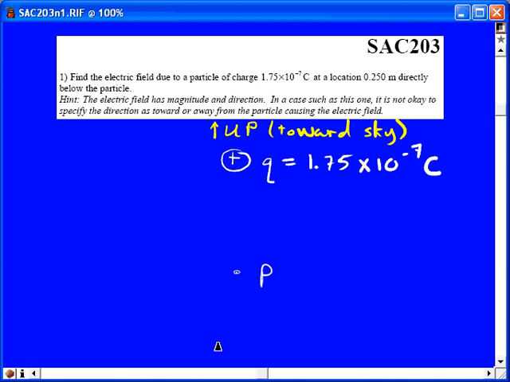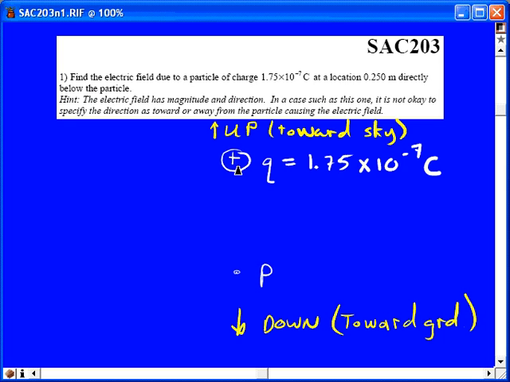So not northward, in other words. And this would be the downward direction, toward the ground. That's just the way you're looking at it on the computer screen. Toward the center of the Earth. So find the electric field at point P.